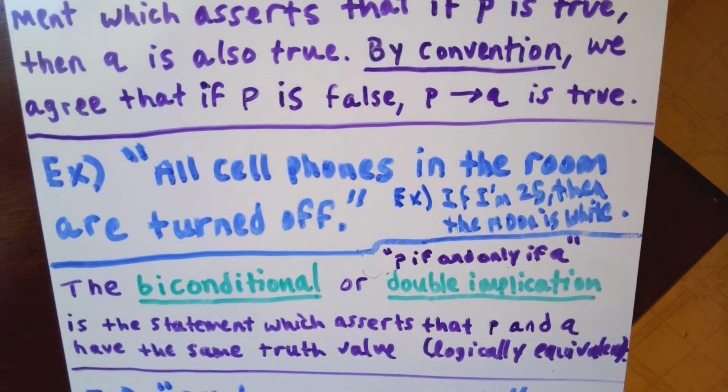Later we'll see that if two statements have the same truth value, they'll have the same truth table column. They're logically equivalent. We'll get into truth tables in the next video.